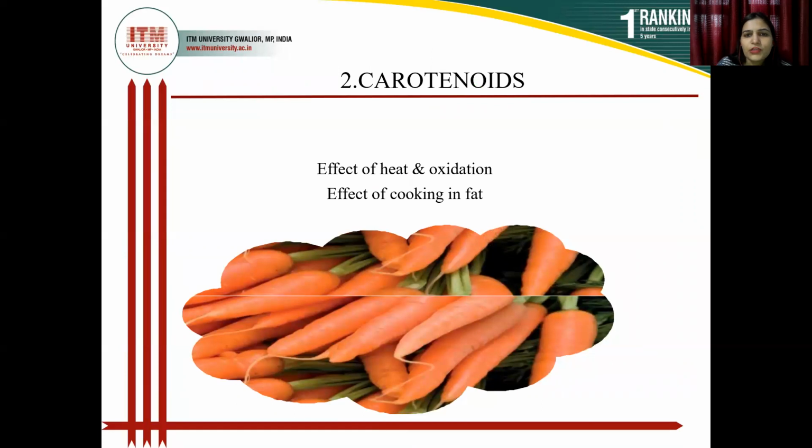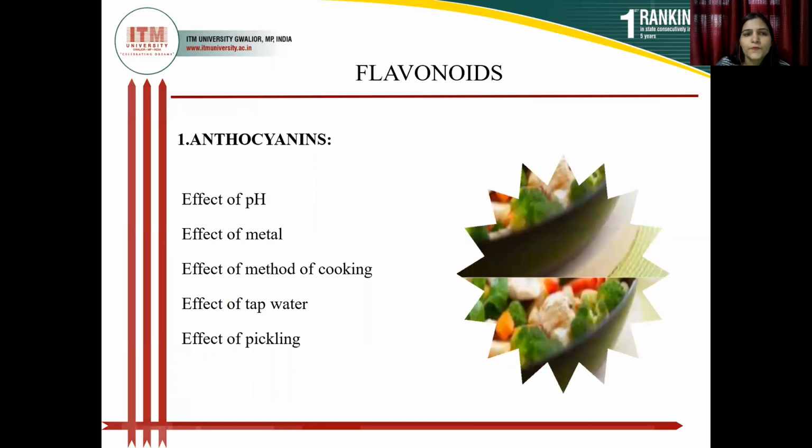Carotenoids: effect of heat and oxidation, effect of cooking in fat. So carotenoids are reduced during oxidation and when we cook the vegetables in fat. Flavonoids: these affect anthocyanin in pH conditions, and when we cook the fruit and vegetables in metal, or the effect of method of cooking and the effect of tap water, because these anthocyanins are water soluble, and during pickling.